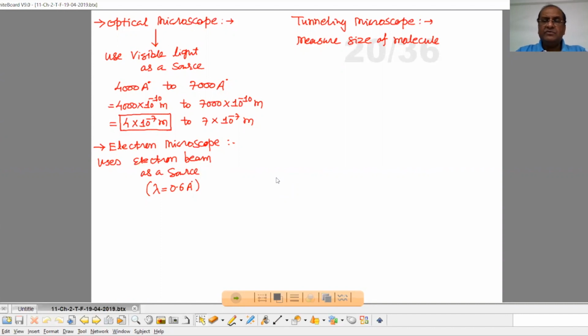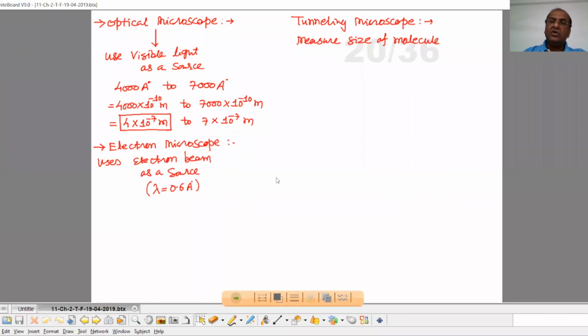Light, means the waves, behave as particles, as well as particles also behave as waves. So in the electron microscope, when an electron beam is used as a source, it behaves as a wave.